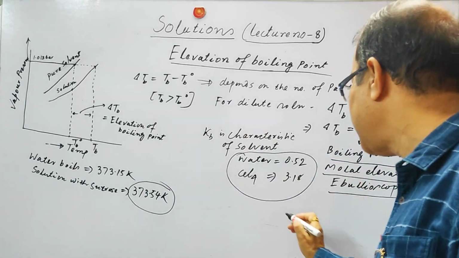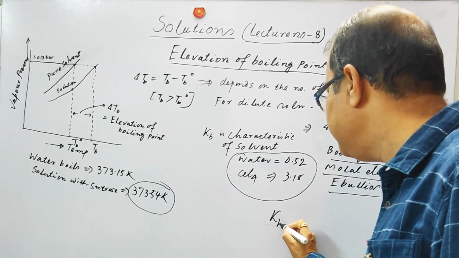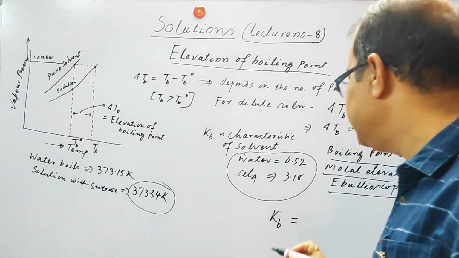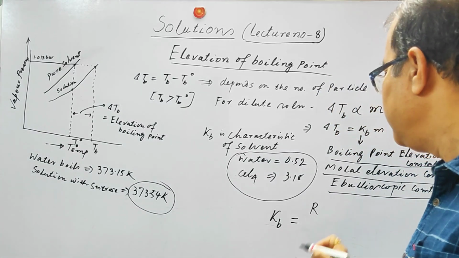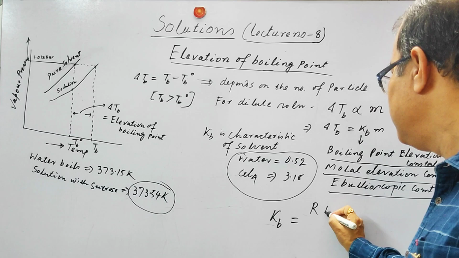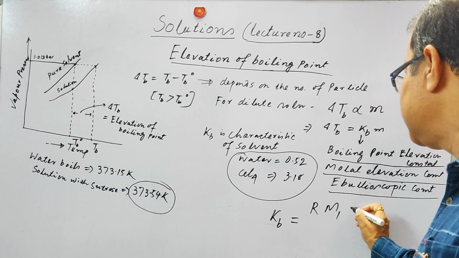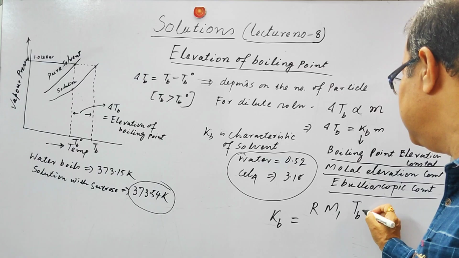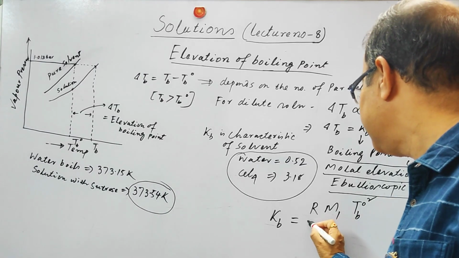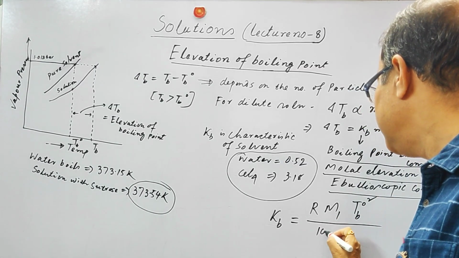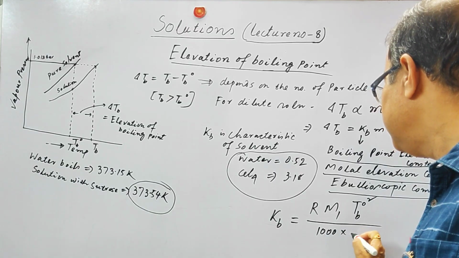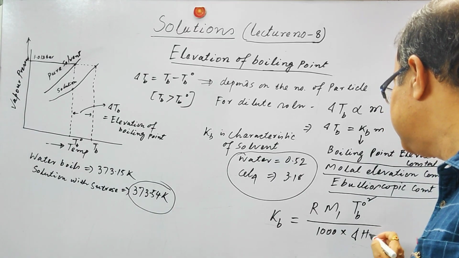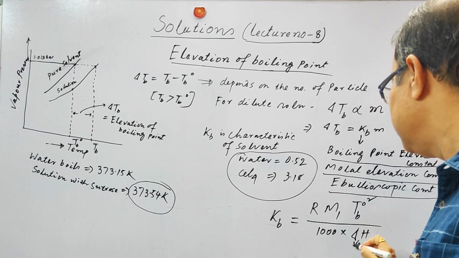So we understand the Kb, we understand the elevation of the boiling point, how Kb comes, and this Kb can also be correlated with the universal gas constant, with molar mass, and it is R into Tb0 square divided by 1000 into delta H vaporization.